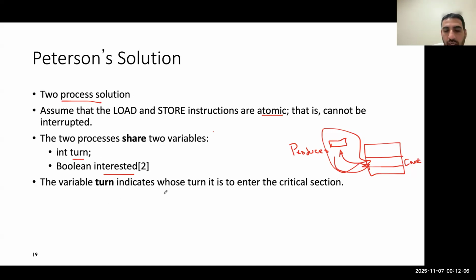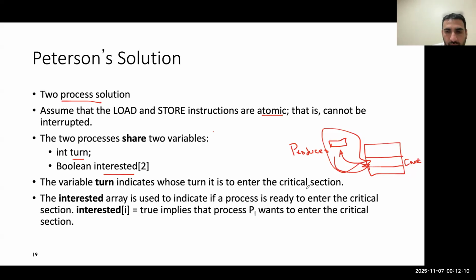The variable turn indicates whose turn it is to enter the critical section. The interested array is used to indicate if a process is ready to enter the critical section. Ready means that the process is interested in entering, but only showing your interest is not enough.